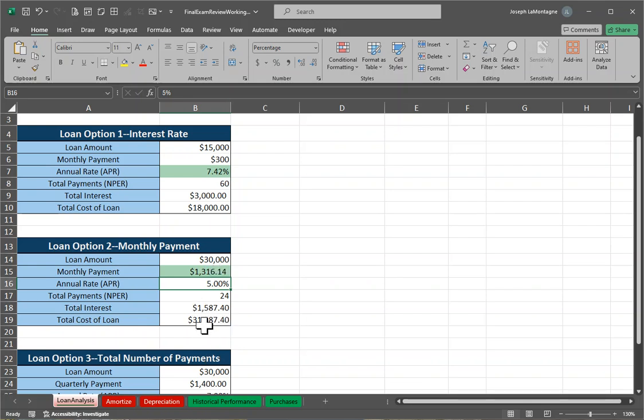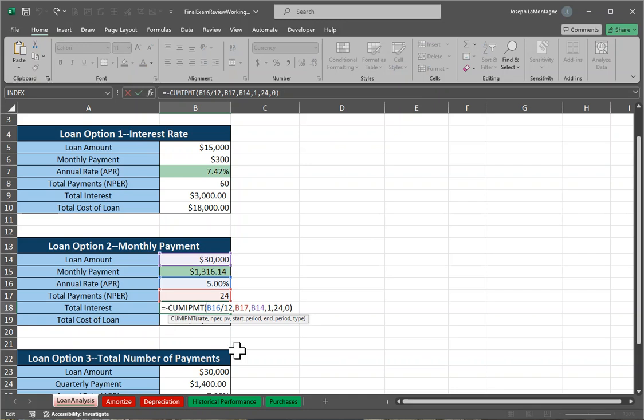I've already done the cumulative interest here. I keep saying interest rate, it's actually payment. The total interest is independent of what we have calculated up here. Whatever we put here, you'll notice there was no error, since I did not have the monthly payment. The cumulative function actually calculates the payment and does all that math for you.